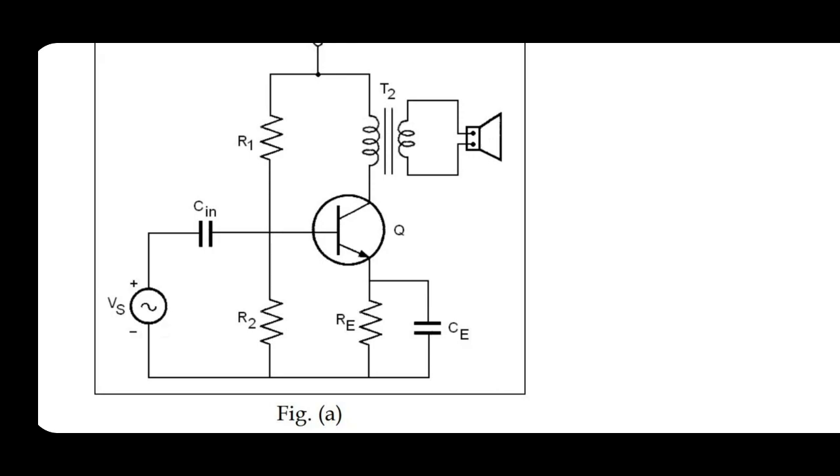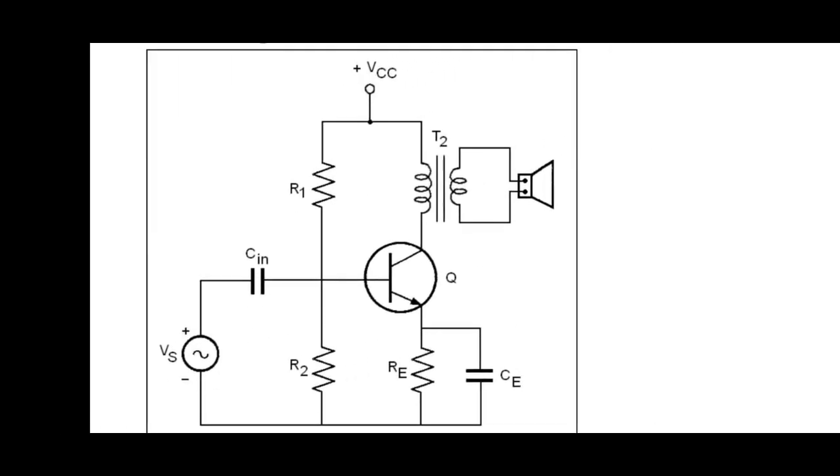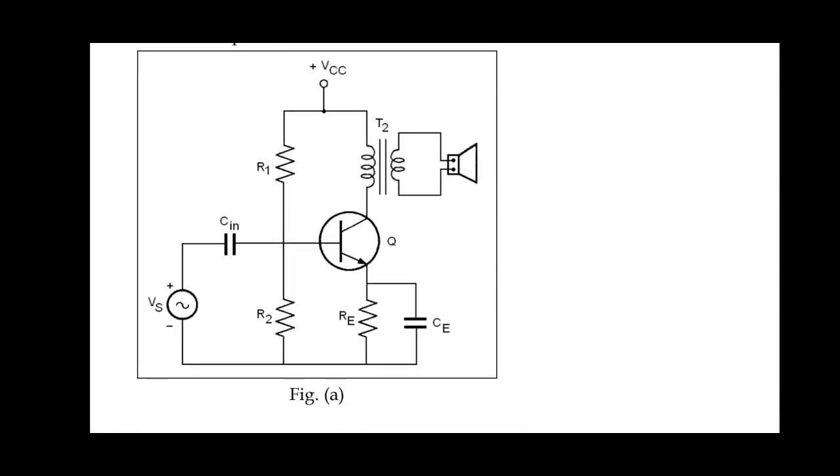To achieve this, the operating point is located at the center of the AC load line.